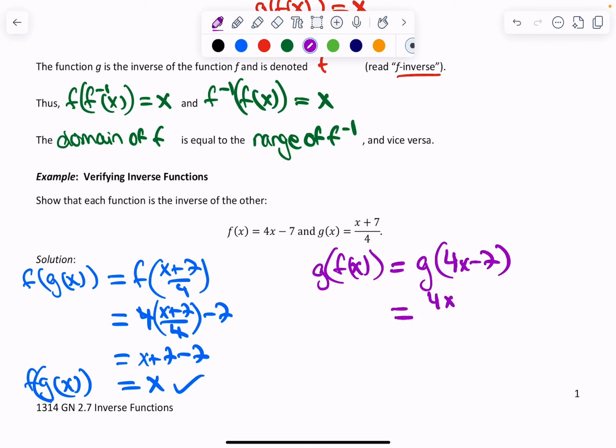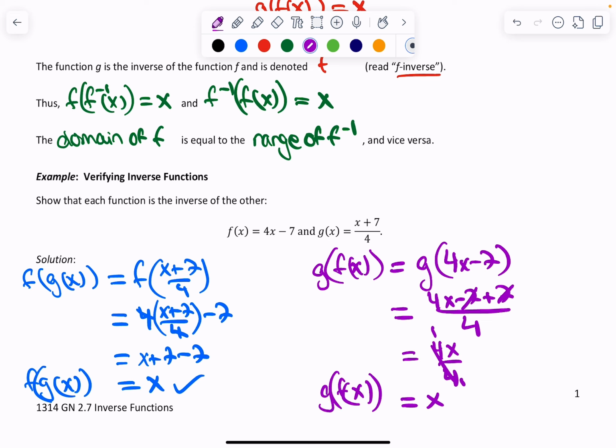So 4x minus 7 plus 7 divided by 4. Well, the negative 7 and 7 cancel each other out. We get 4x over 4. 4 divided by 4 is 1, so we get x. So g of f of x equals x as well. So we showed that these two functions are inverses of each other.